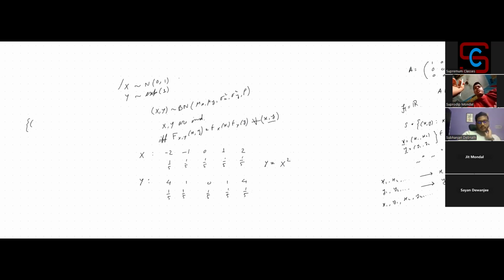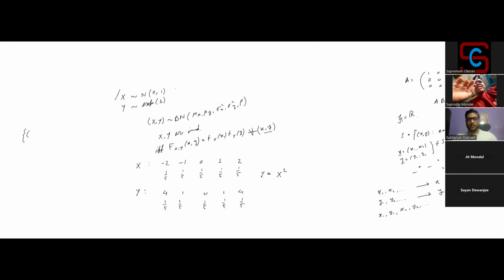I have to square that, and then... I am not getting anything.